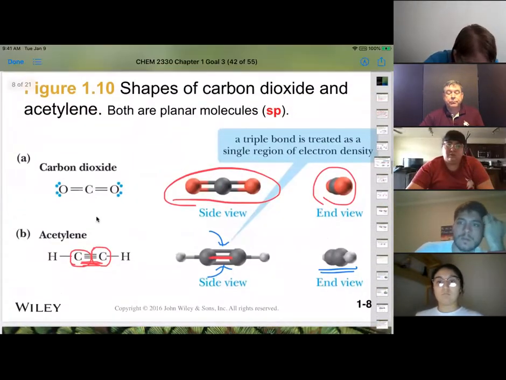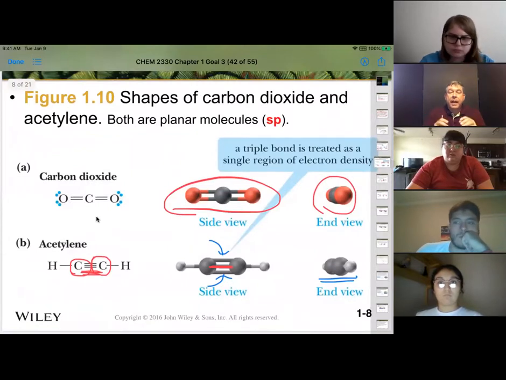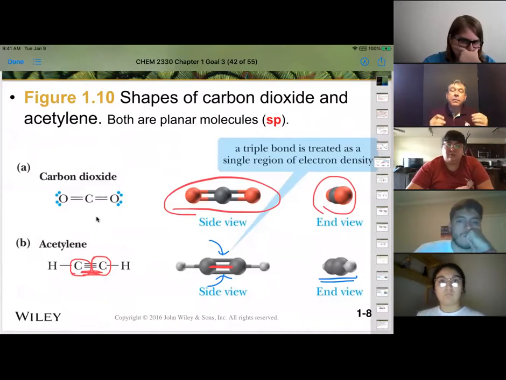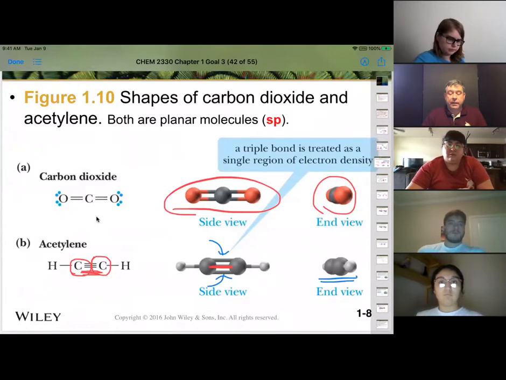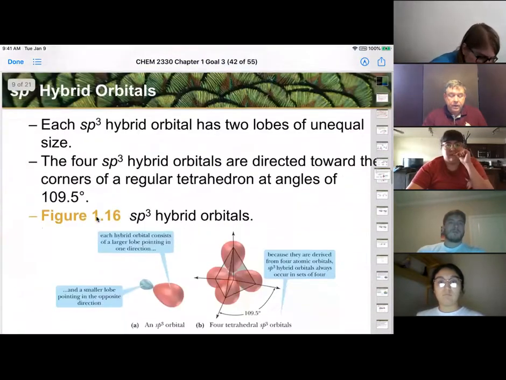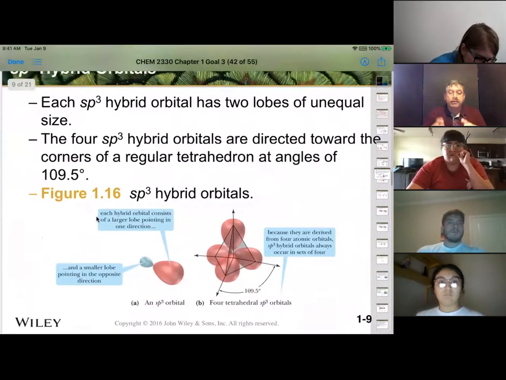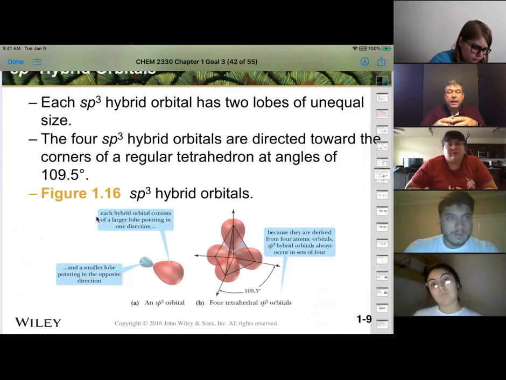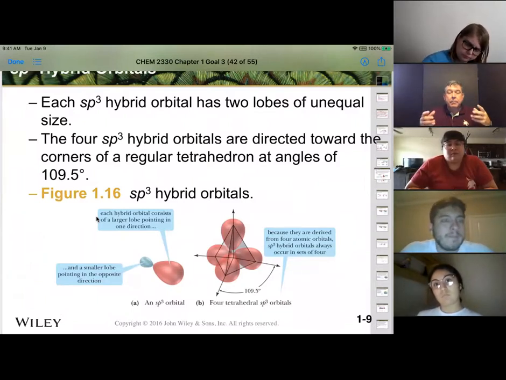Okay. So now that we see that most of the molecules we'll be looking at are hybridized by blending s and p's together, let's look a little bit more at what the orbitals look like themselves before we start actually bonding. In an sp3 orbital, we start with the idea that we had an s orbital, which is spherical, and then we have a p orbital that's dumbbell shaped.